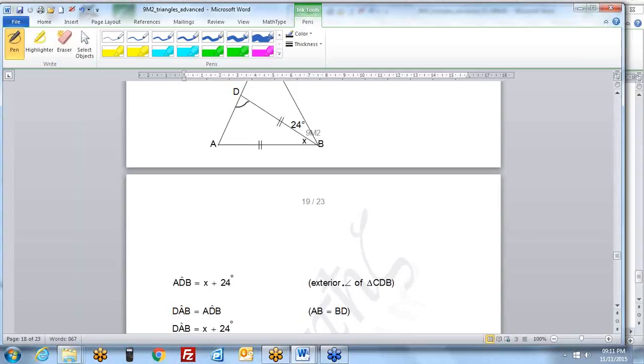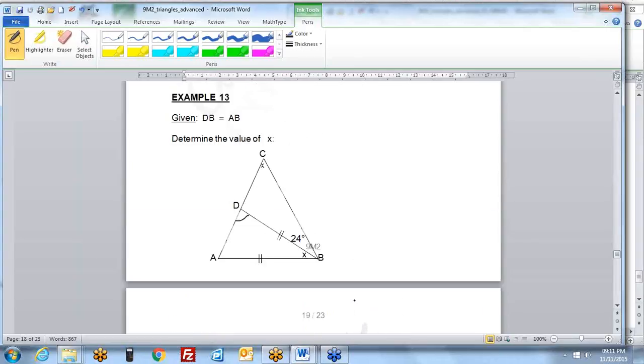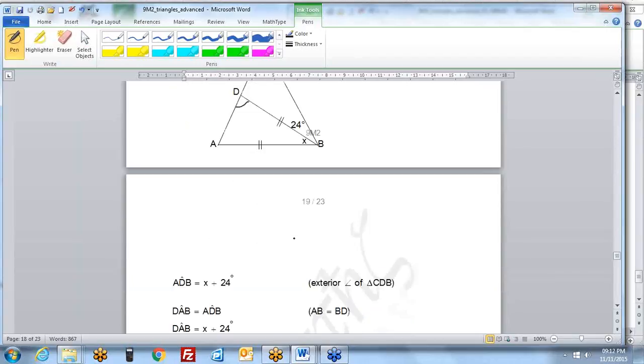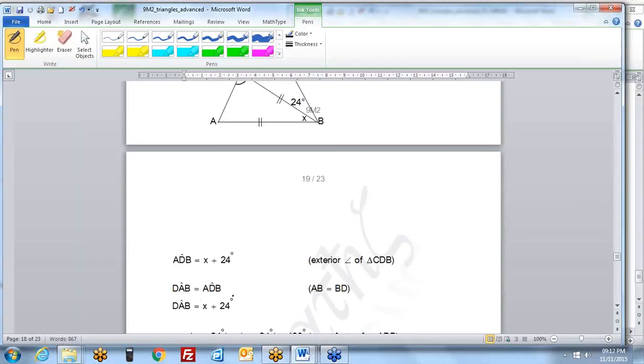Because it's the exterior angle of triangle CDB. So you add these two angles to get to the exterior angle there. So this angle ADB equals x plus 24 degrees with the reason.